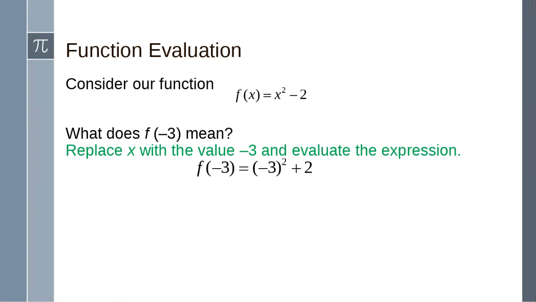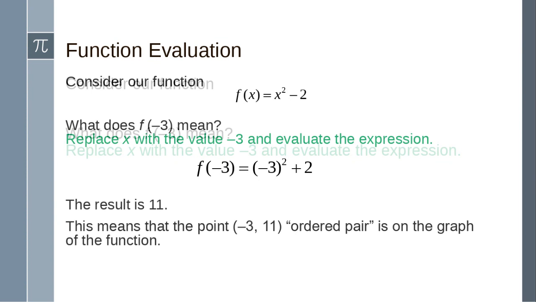And again, if you notice, this time around I didn't convert it back to an equation, just so you can see what this meant, right? That f of -3 means that everywhere I see x, I'm going to plug in -3. So when I do this, -3 squared is going to give me a positive 9. And 9 plus 2 is going to give me 11. That is my output result. So my ordered pair for my input -3 is an output of a positive 11. Okay.